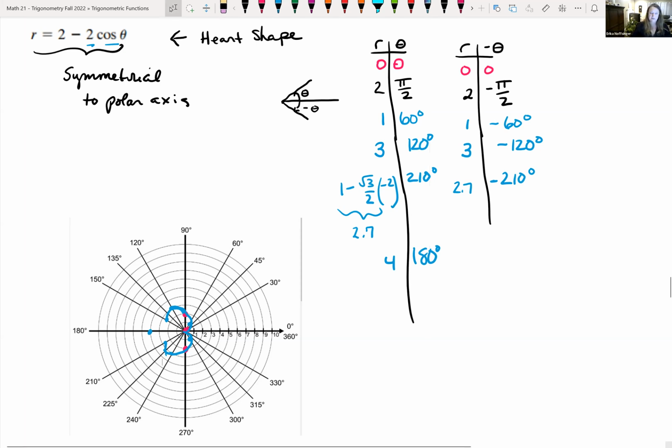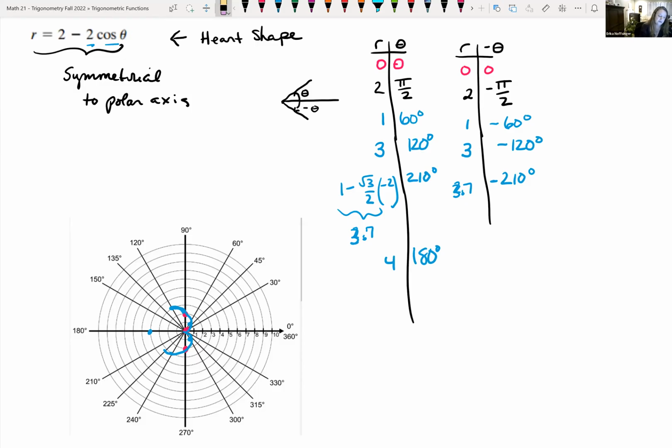While I check, I'm going to pause the video. Okay, so this is actually 1 minus root 3, 2 times negative 2, which is plus, that's really 3.7, which helps me because that gives me my heart shape, which I knew I should get.